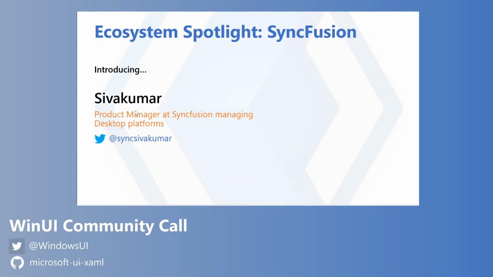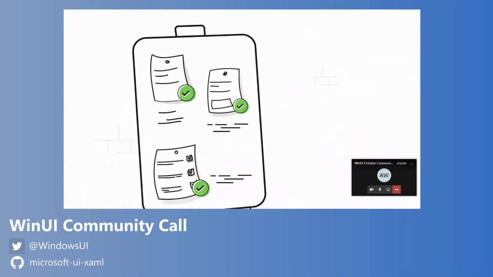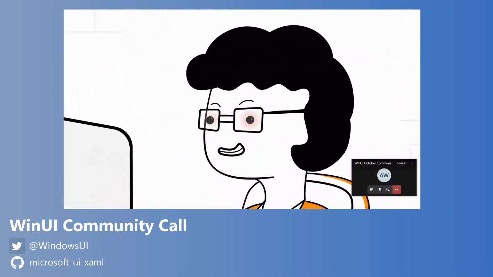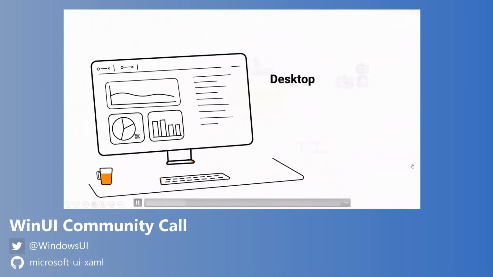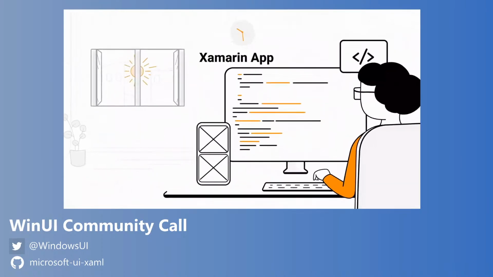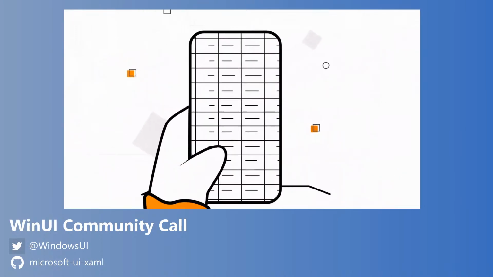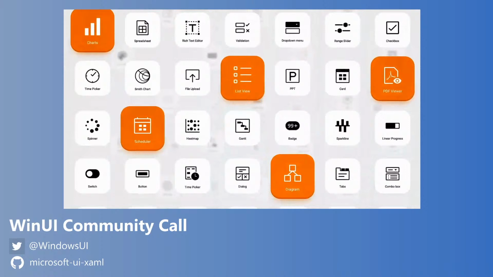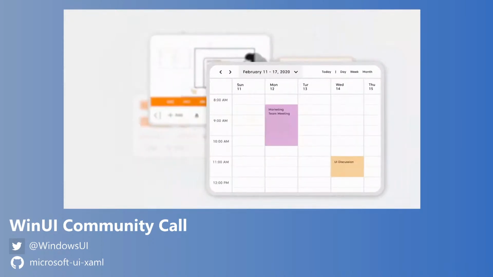When you as a developer are tasked with creating an app, 3 things are almost always true. You have too much work to do, too little time to do it, and a lot of that work is downright tedious. Well, we're here to help with that. SyncFusion is the leading component vendor for desktop, web, and mobile platforms. Is that grid going to take over 40 hours to code into your Xamarin app? Just plug in hours, and you'll have massive functionality at your fingertips in just a few minutes. After over 18 years in business, we have more than 1,600 controls available to make your work easier. From basic buttons and drop-down lists, to an image editor, a scheduler, and file format libraries.